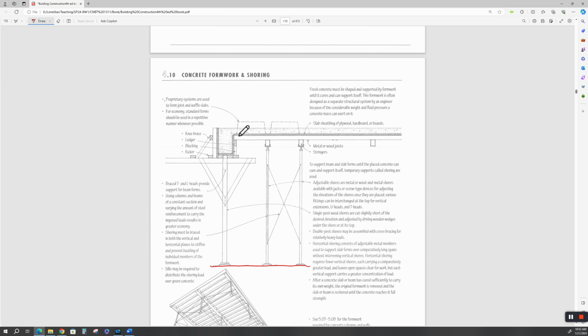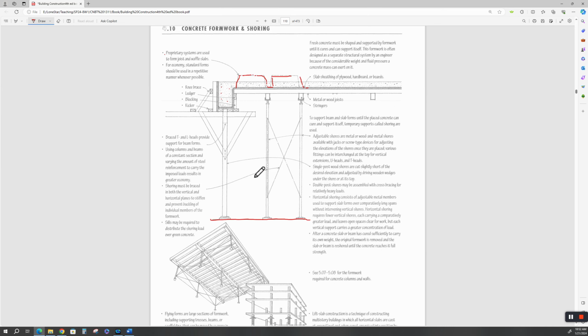And then they sign off on it, and then your iron workers come in here and you put the reinforcing steel in here. Okay, or you come in here, and if you're going to use these pan forms they go in first, and then the iron comes in, and then after all that's checked and inspected, you're cleared to pour the slab. All right.